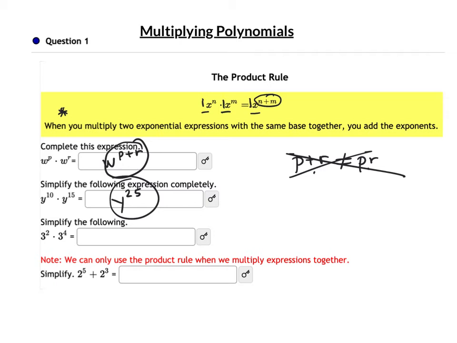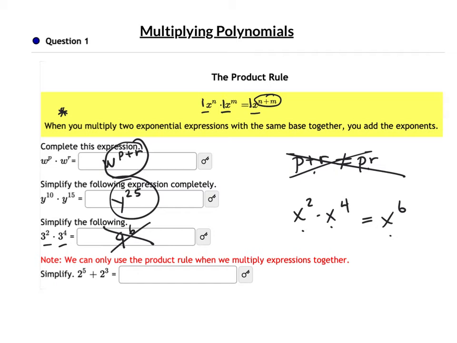3 squared times 3 to the 4th. Notice the base does not change. A lot of students want to go, oh, this is 9 to the 6th. No. When I take x squared times x to the 4th, that's x to the 6th. The x didn't change, it's still an x. The 3 will not change, it's still a 3.